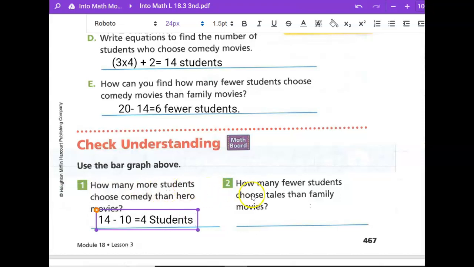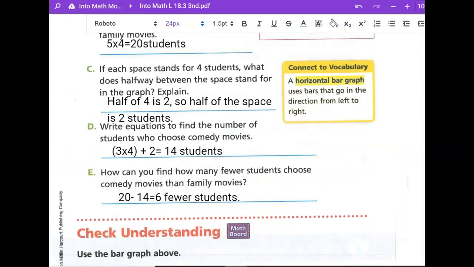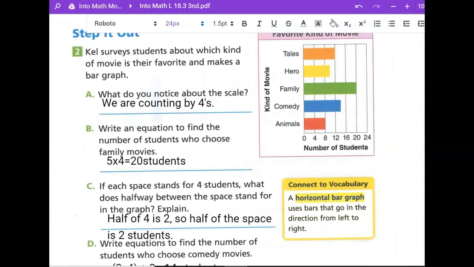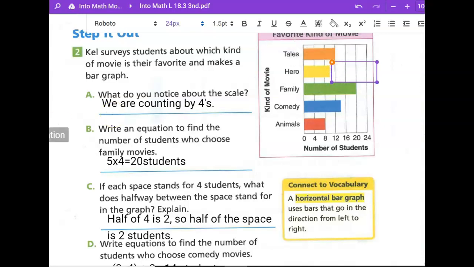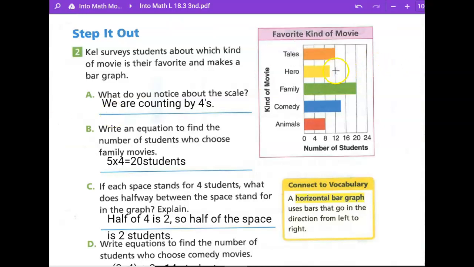And then how many fewer students chose tales than family movies? All right, so we're looking for how many fewer students chose tales than family movies. Now remember, you can always go up on your bar graph and write what these are. So if they're like the odd ones, you could write 10 out here so you would know and you wouldn't have to keep going back and maybe counting.